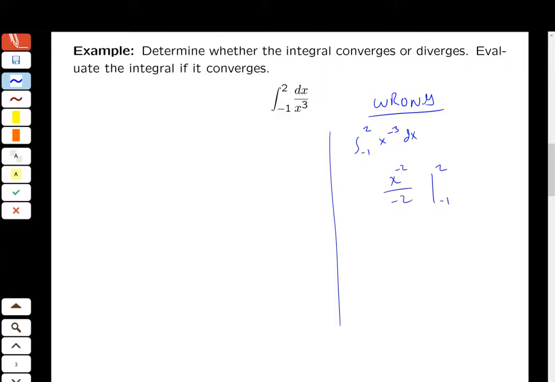Plug in your 2, and you have 2 to the -2 over -2, minus plugging in -1. So you get 1/4 over -2 minus 1 over -2. Now, what's 1/4 divided by -2? -1/8. And then -1/2. And that equals some number.